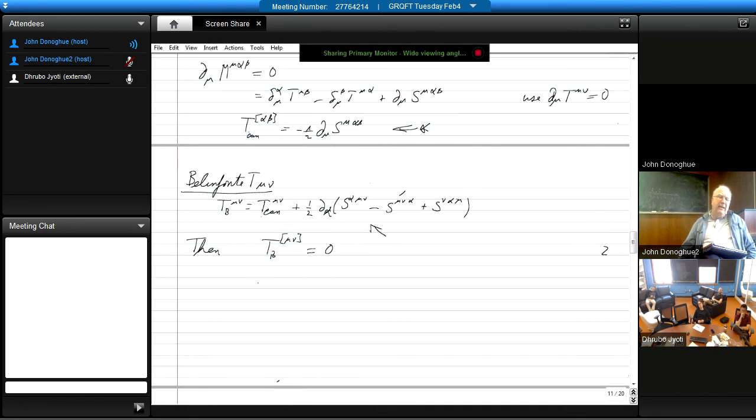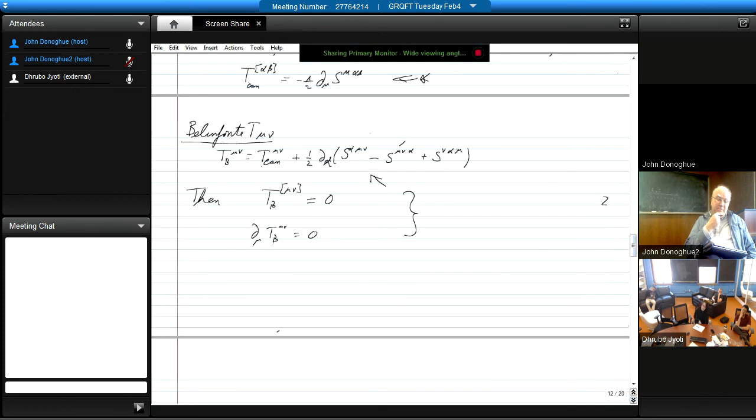And this is still conserved, so d mu T Belinfante mu nu is still 0. The derivatives up here, the second piece, cancel. So by doing this construction, we have the symmetric tensor from general relativity.